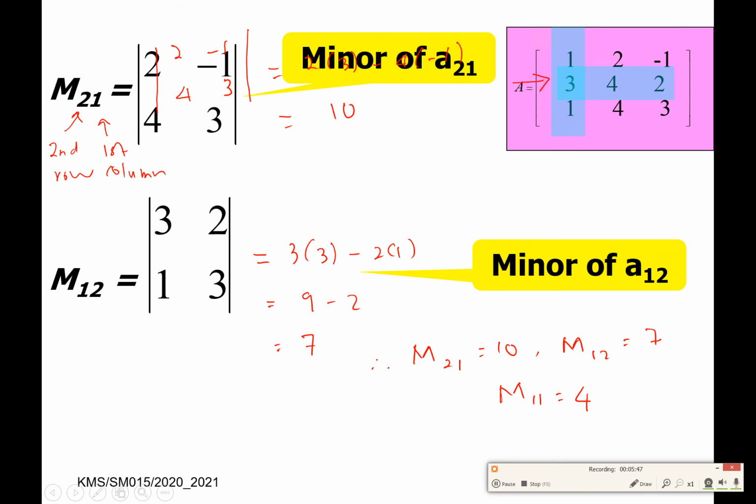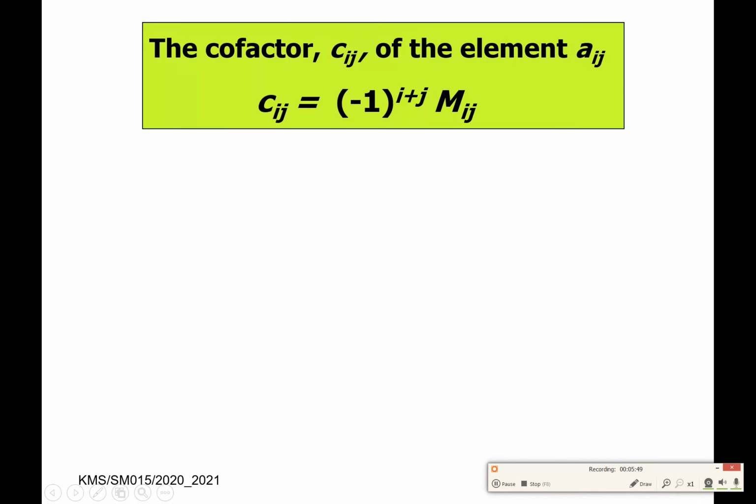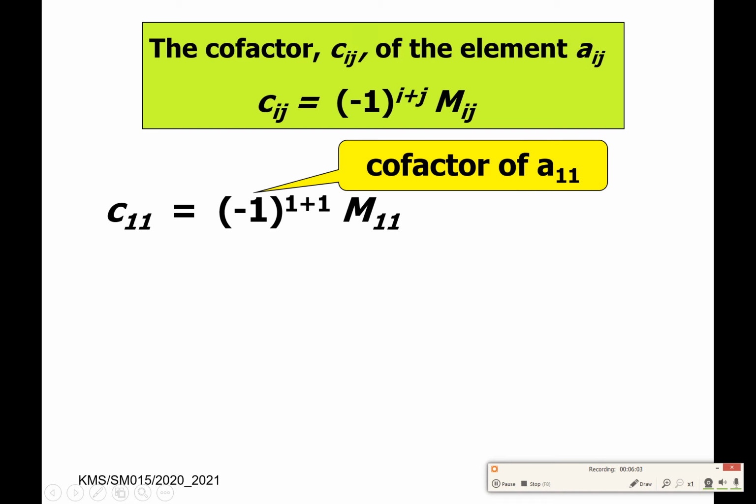Okay, how do we get the minor? The next is about the cofactor Cij. Cij is negative 1 to the power i plus j times minor Mij. So the cofactor of a11, this is C11. This is i, this is j. You can see i is 1 and j is 1.